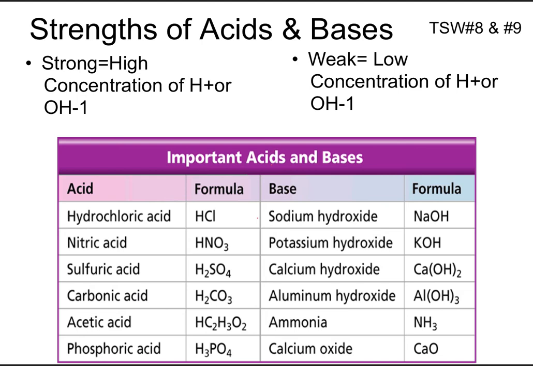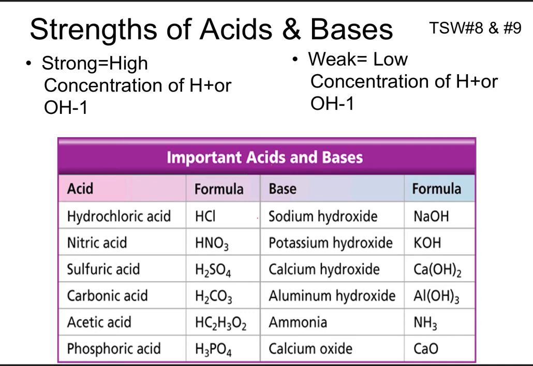If it has a lot of those particular ions, it will be classified as a strong acid or a strong base. Weak is a term that we use for when you have a low concentration of hydroxide or hydrogen ions. There are lots of weak acids and lots of weak bases that you come in contact with every day. You have weak acids and weak bases in your foods, lots of different liquids that you drink.